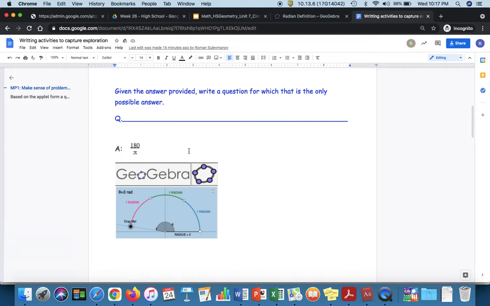One important thing about the instructions to this writing activity is that there could only be one possible answer. So the question that's being asked or formulated by students can only possibly produce this one answer. The question can't have multiple different answers. And that is the rigorous part of this activity.